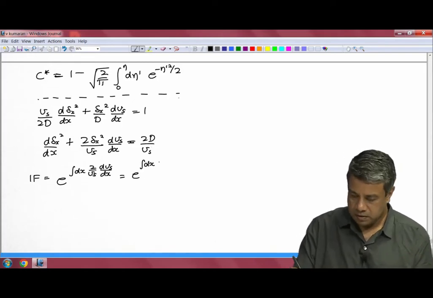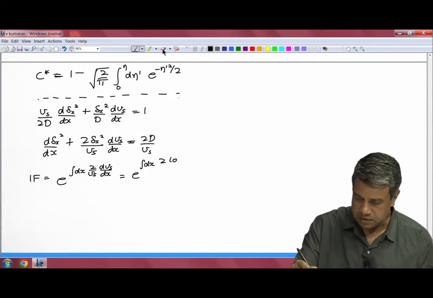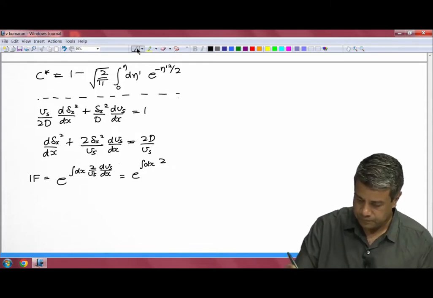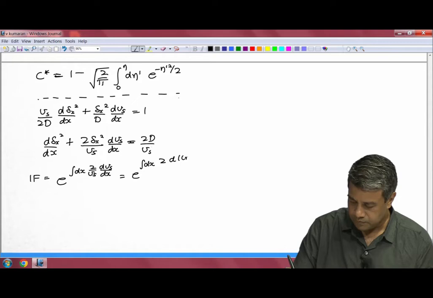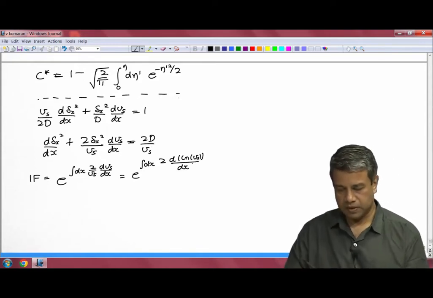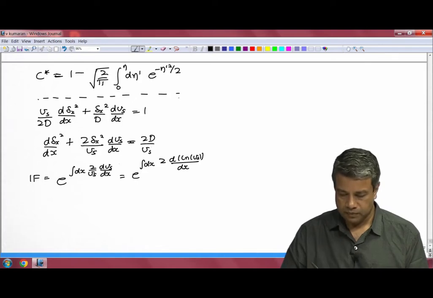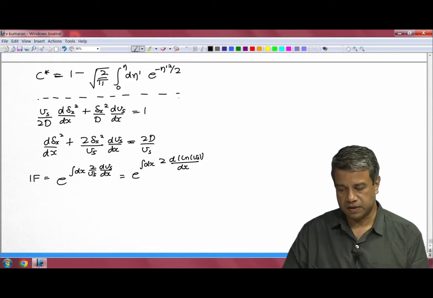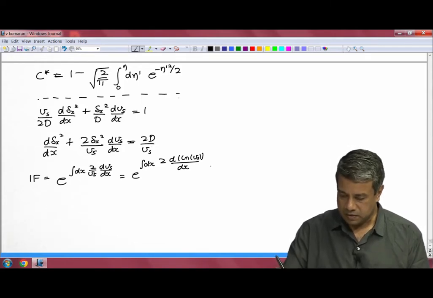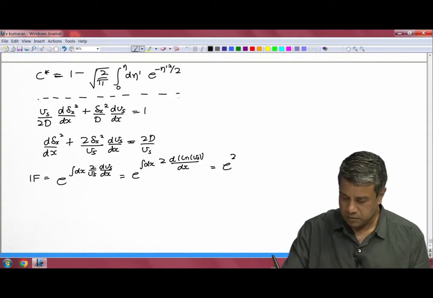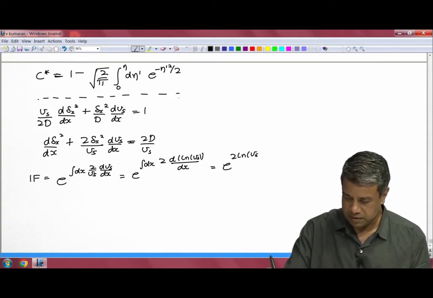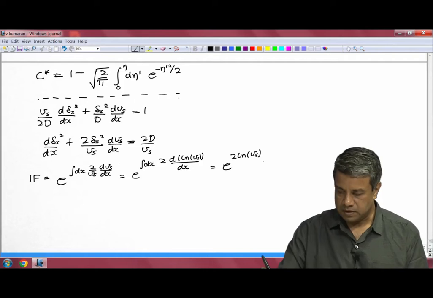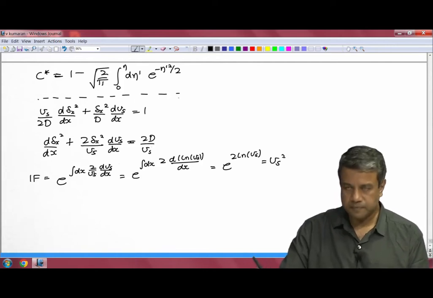This is 2 times the natural log, since 1 by Vs dVs by dx is the derivative of the logarithm of Vs. So this is equal to e to the power 2 log of Vs, which is Vs squared.